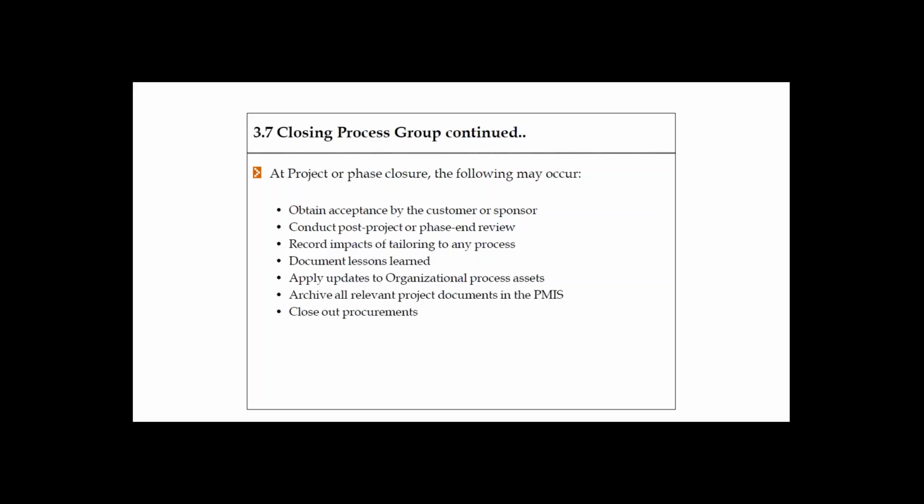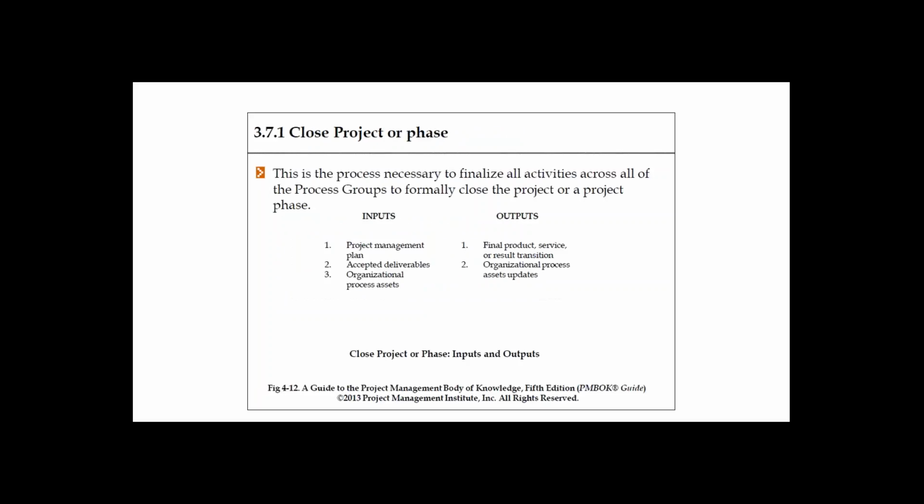If you have contracts with 20 vendors, then you need to have 20 closure phases for 20 different procurements. It's not once per project or once per phase. If you have 20 procurements, you need 20 closure phases. That is also an important concept.